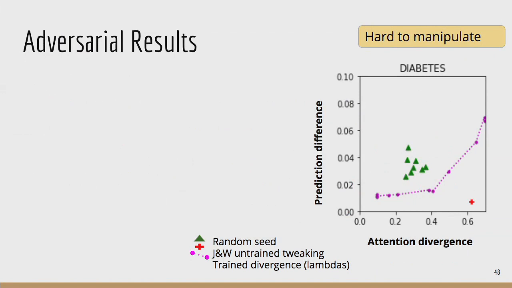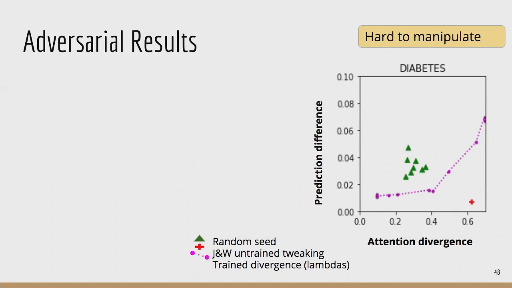And so what we found is the following. I'll show results on a couple of different tasks. The first is a diabetes prediction task from the MIMIC3 classification clinical notes dataset. The green triangles represent quantified expected variance from random seeds. So we just ran the base model with a variety of random seeds. So that really left bounds the expected variance that we can achieve in our attention distributions.